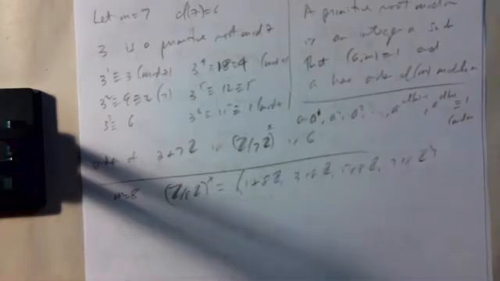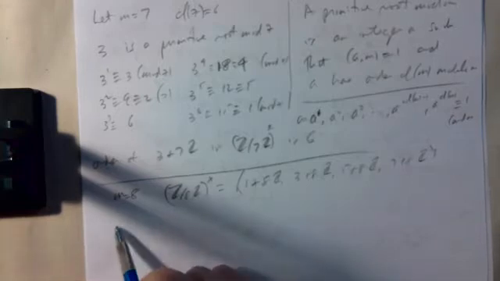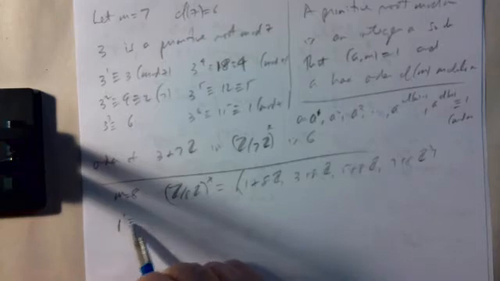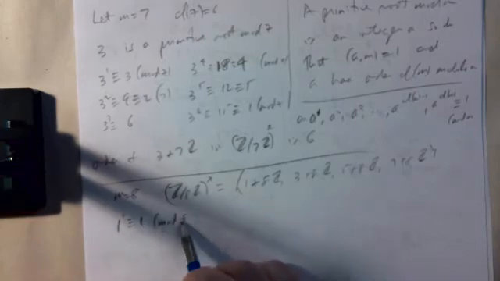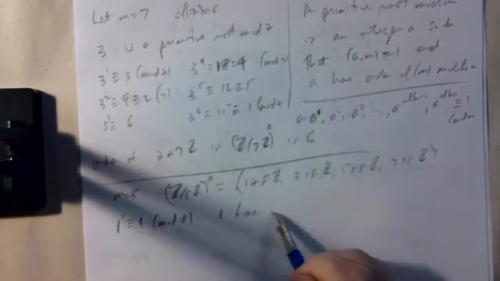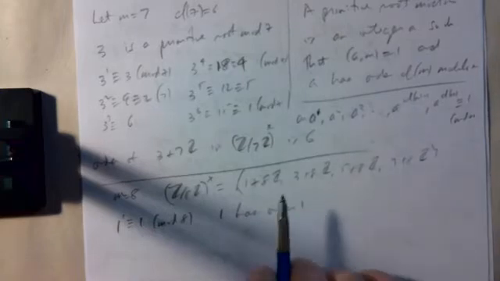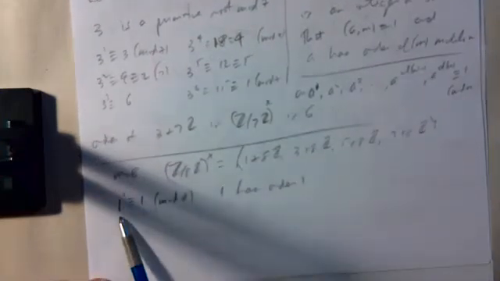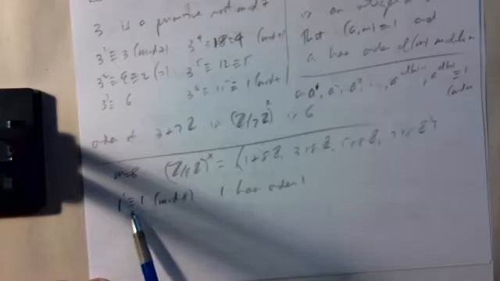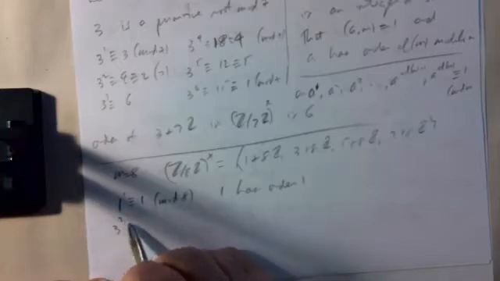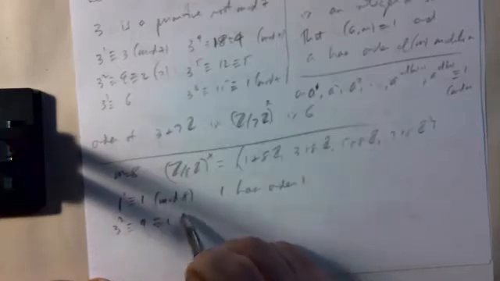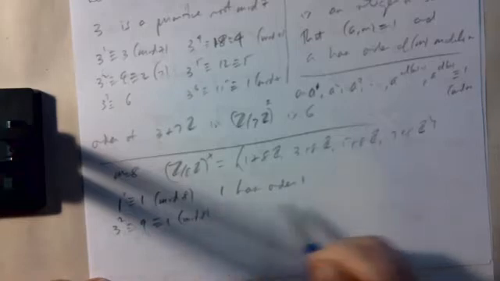But if we check, 1 to the first power is congruent to 1 mod 8. So 1 has order 1 mod 8. That's the smallest positive power of 1 congruent to 1. 3 squared is 9, which is congruent to 1 mod 8.